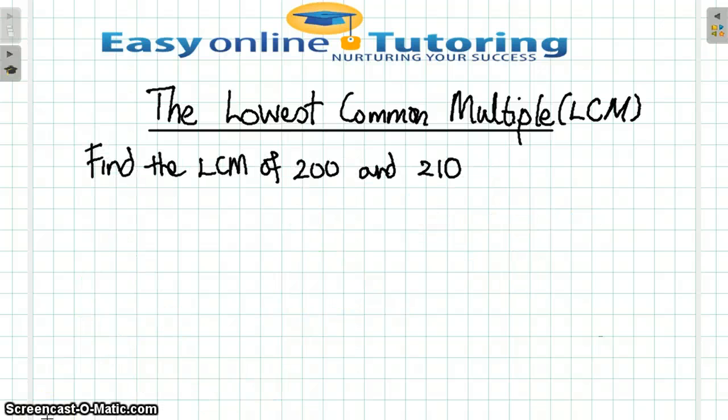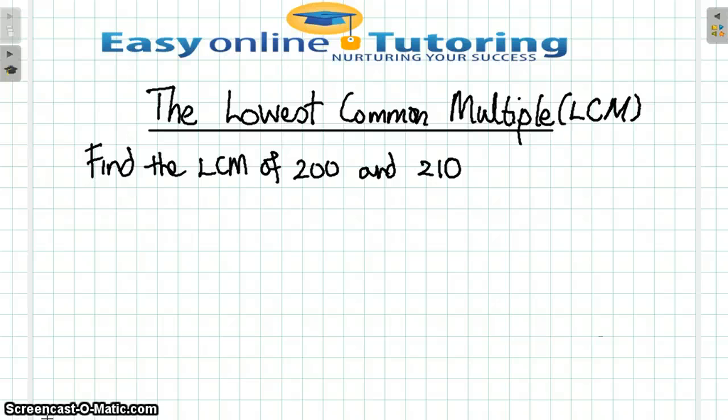In our final example, we're asked to find the LCM of 200 and 210. So I'd like you to have a go at this using exactly the same method that we've used in the examples that you've seen in this tutorial. Take your time, factorize everything down to its prime factors, find the HCF, and then multiply all the remaining numbers to get the LCM.